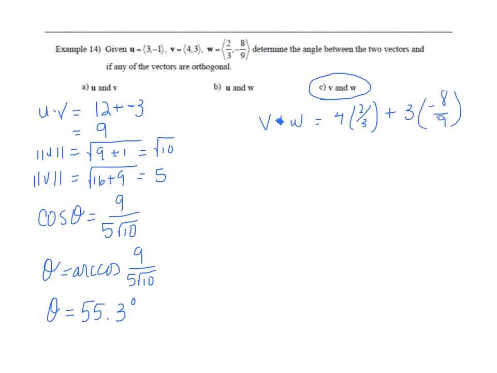Okay, so I have 8/3 minus 24 over 9, which reduces to 8/3, and so that equals 0. Well, if the dot product is 0, I know that this is orthogonal, which means that theta is 90 degrees, and I'm done. So this one has some fractions in it, but since I did the dot product first, then I did it just right.